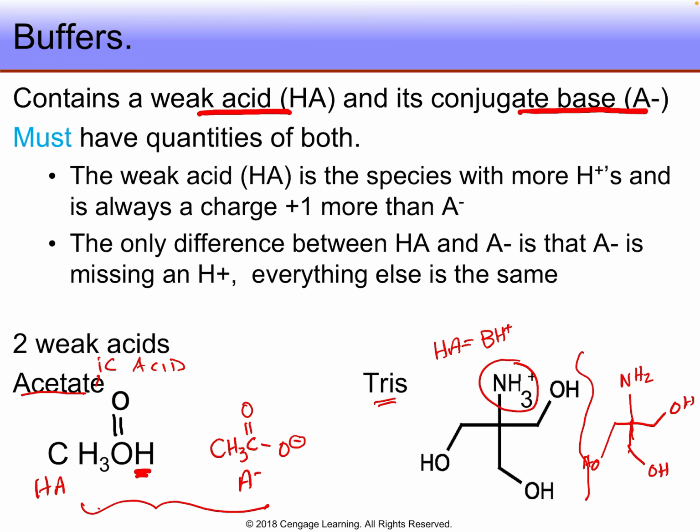So this is A minus. And if people are using the B format, they would call that B. They only differ by the loss of H plus, or the addition of it if you're going in the opposite direction.